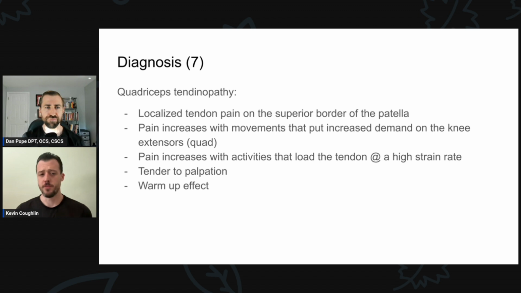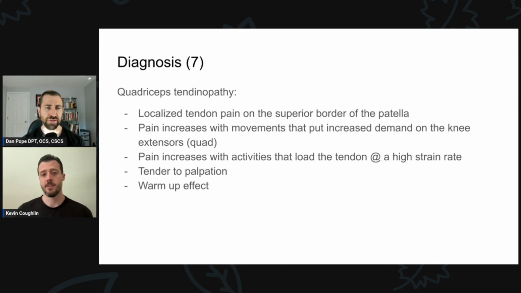All right. And then in terms of diagnosing quad tendinopathy, Dan, I think your input here would be good too, because you see this, like you said, pretty often, but you'll get a localized pain, like I was saying, at the superior border of the patella, so just above the kneecap. And it also is going to show increased pain with movements that increase demand of the knee extensors. So kind of those quad dominant movements that we might see in the gym.